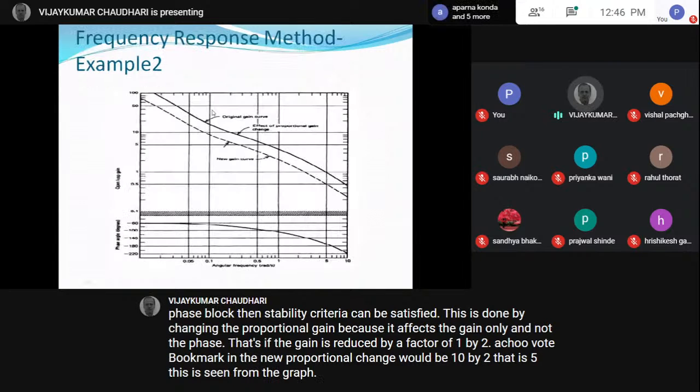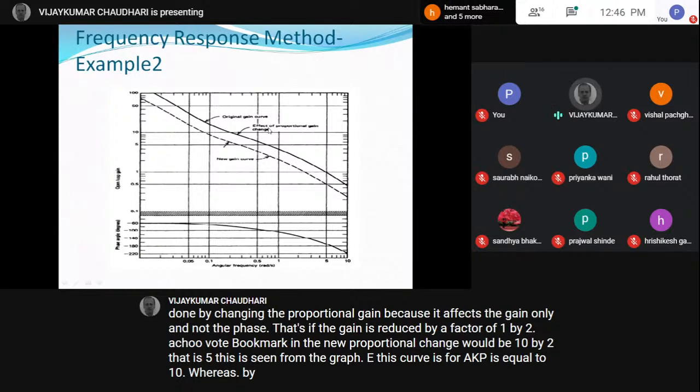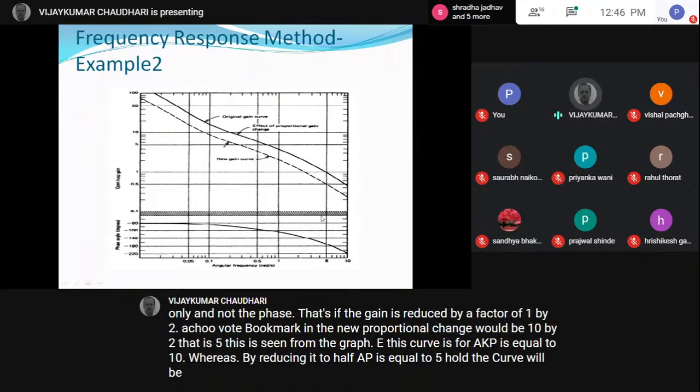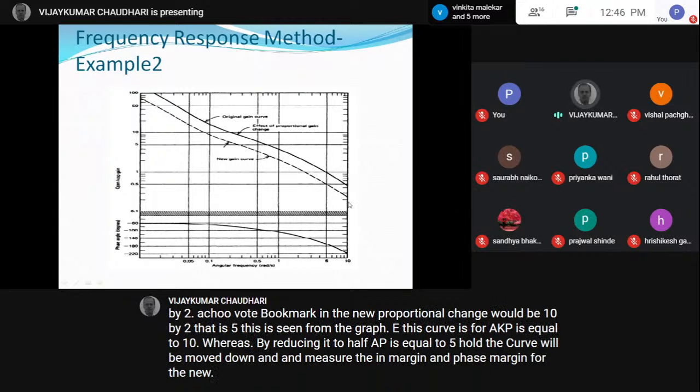See, this curve is for Kp equal to 10, whereas by reducing it to half, Kp equal to 5, the whole curve will be moved down. Measure the gain margin and phase margin for the new Bode curve. Okay, what is the phase crossover frequency?